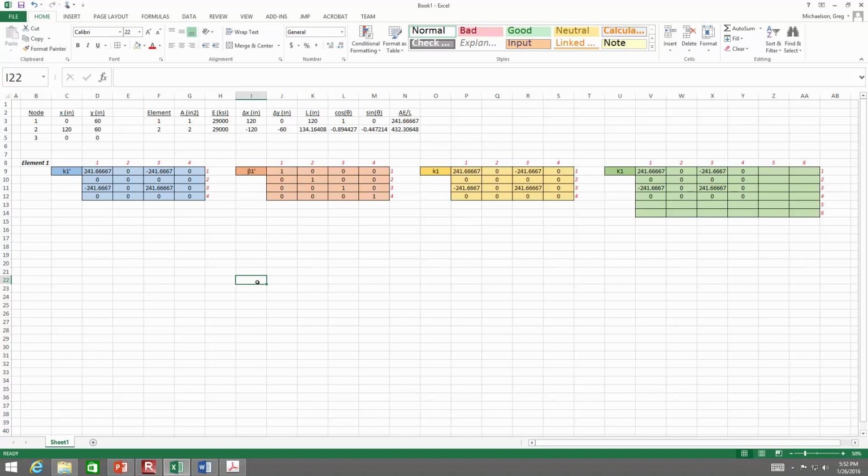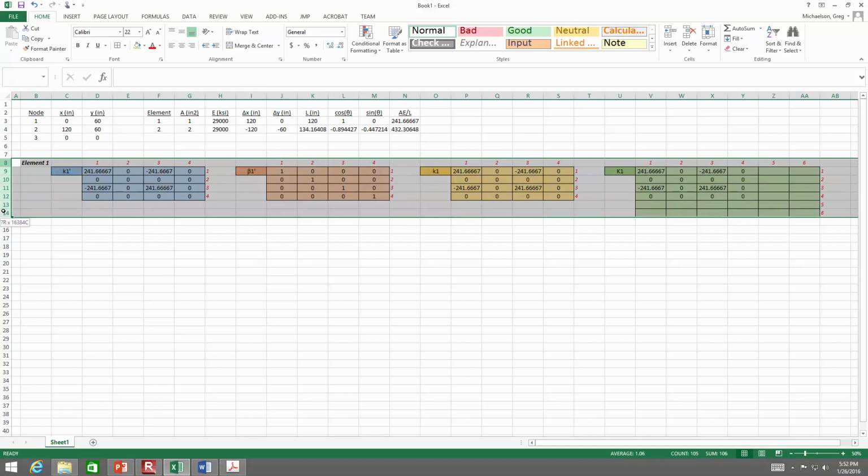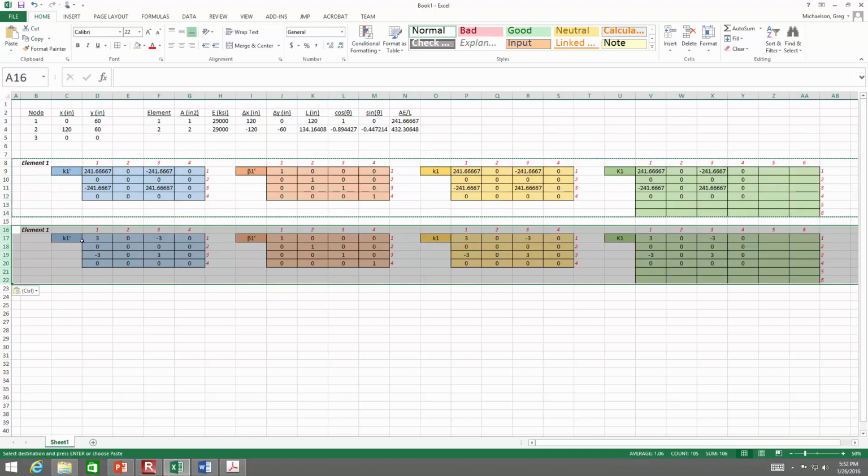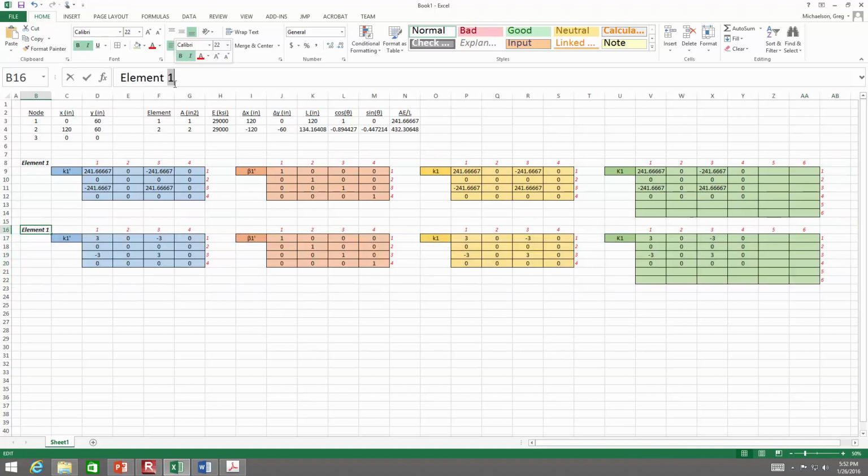Now, what I'm going to do is this, okay? Because I'm lazy. Now that I've got this all figured out for an element, I'm going to copy and paste this all down here, and I'm going to do it again. Okay, so we're going to call this element number 2. Now, before I start editing any of the cells in these terms, element number 2 is associated with what degrees of freedom?